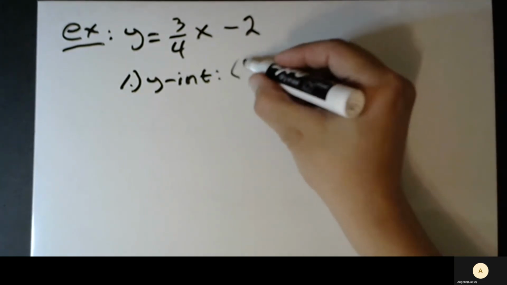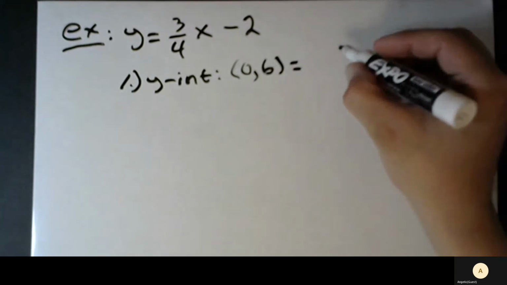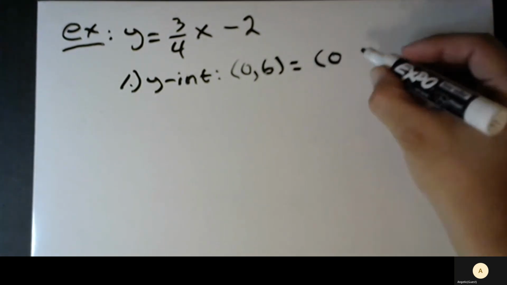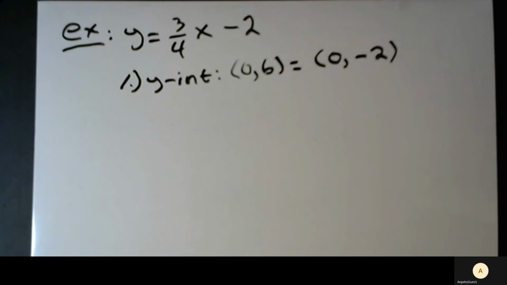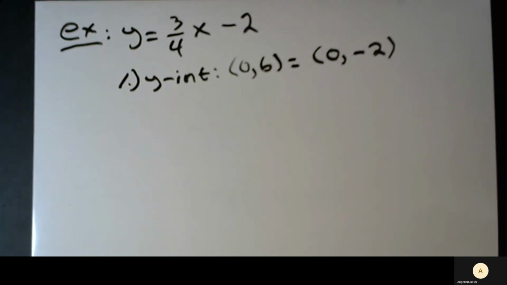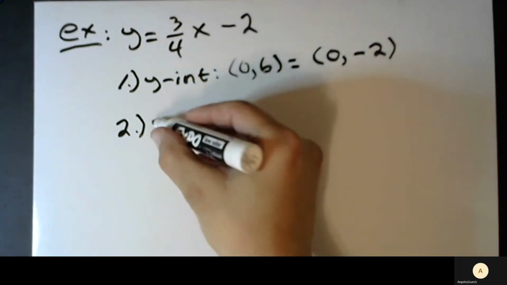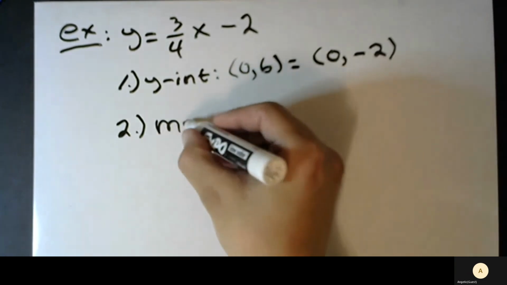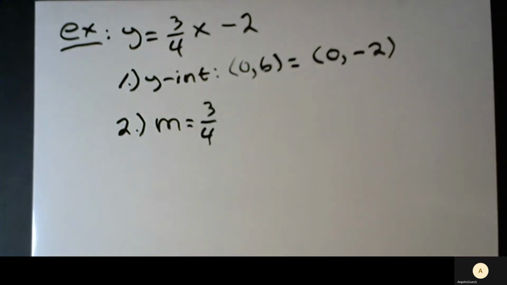We have 0, comma b is equal to 0, comma, negative 2. So that's going to be our first point. Now for the second point, we need to identify our slope. Now the slope, again, it's the number in front of the x. That's going to be 3/4.